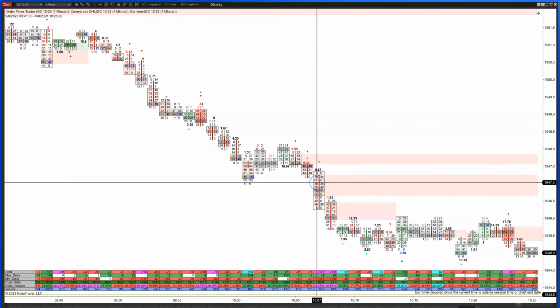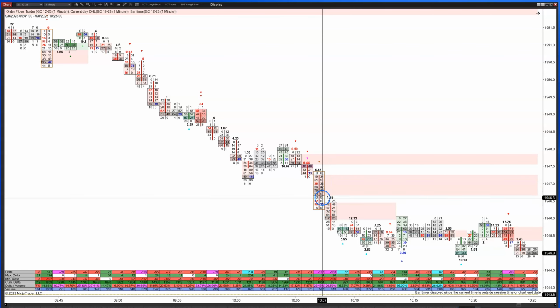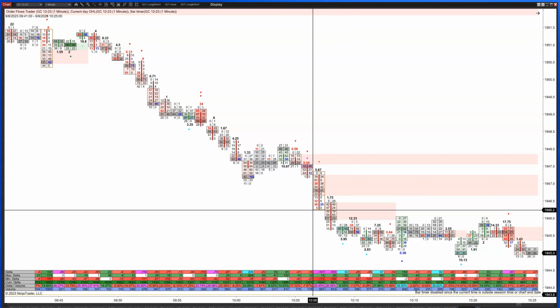Yeah, you've got one imbalance in here. Obviously, you've got a fair value gap between this bar and this bar as well. But yes, there are imbalances. Anytime you have a long stretched out bar in a market, this is gold. Generally you are going to have an imbalance in there, at least one. So you sort of get the idea.